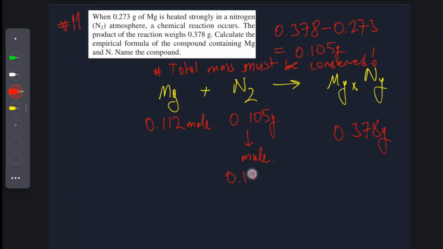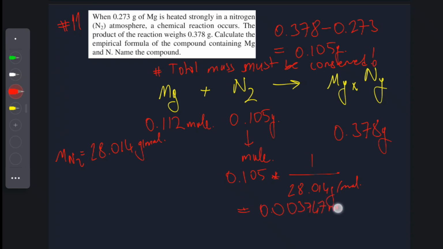I will just divide it by the molar mass of the nitrogen, which was about 28.014 grams per mole. I will divide it, and the number will become 0.003747 mole.